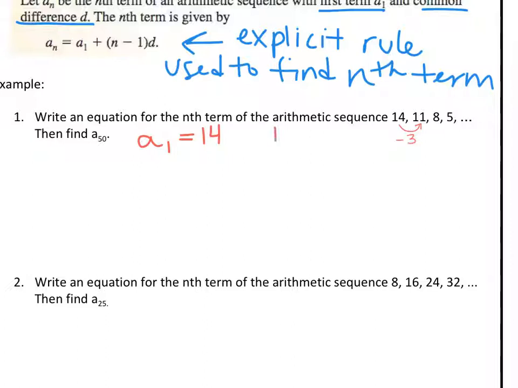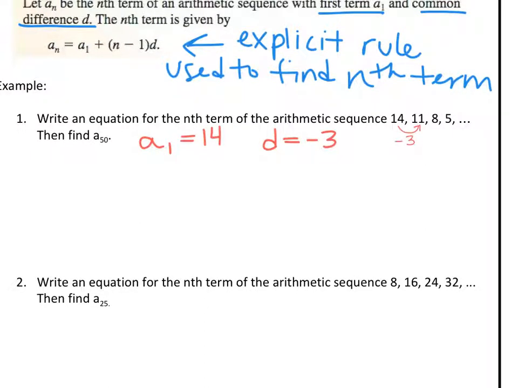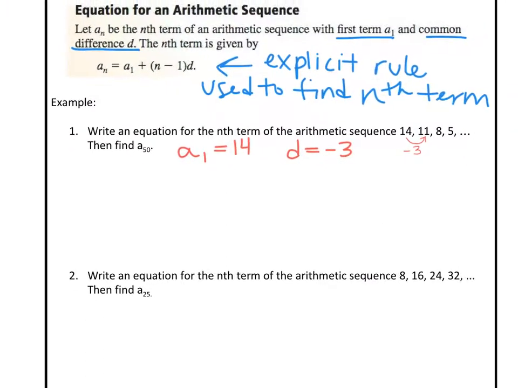The common difference, because this is arithmetic, is -3. It's subtracting 3 over and over. So we are finding the 50th term, so we're going to use the explicit rule, which is right above that. So we're literally going to plug in everything we know. A_n.